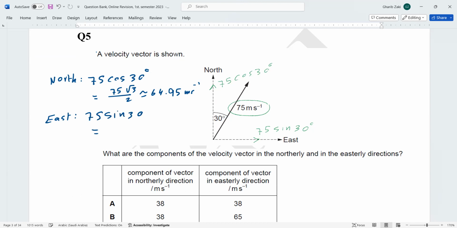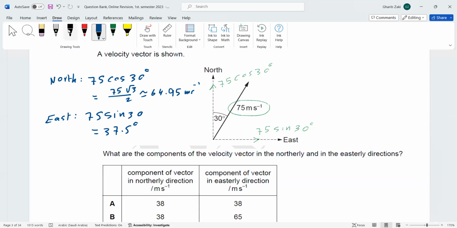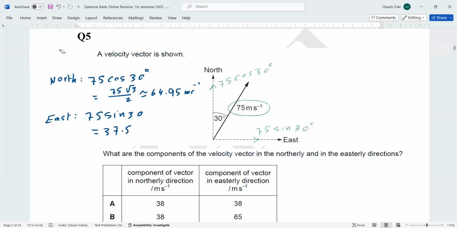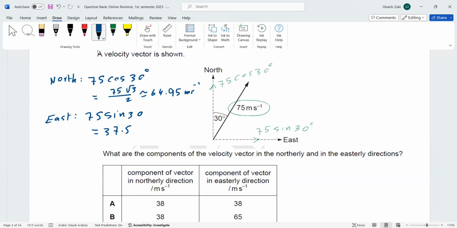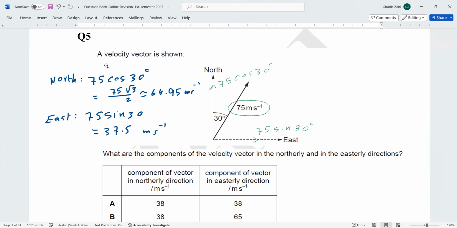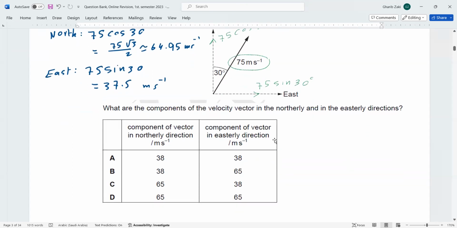By using the calculator, it will be 37.5. Not degrees, take care for the unit. It is 37.5 meter per second. Then the correct answer of this is part C. 64.95, approximately 65, and the other one is 30.